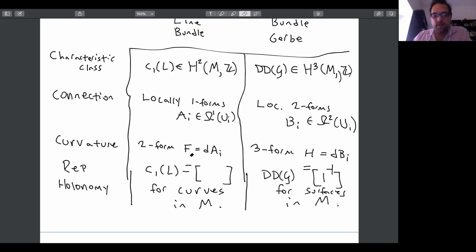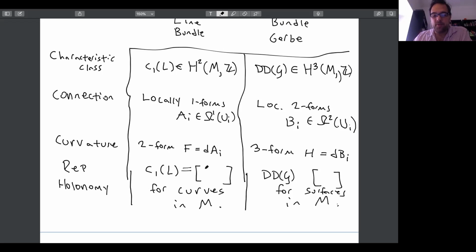So in de Rham cohomology, these curvatures are closed forms, and they represent the characteristic classes in de Rham cohomology.